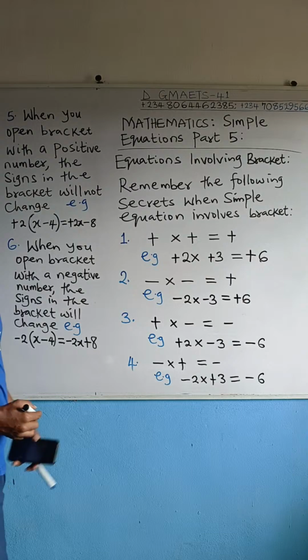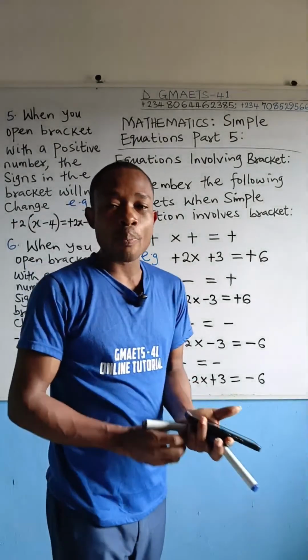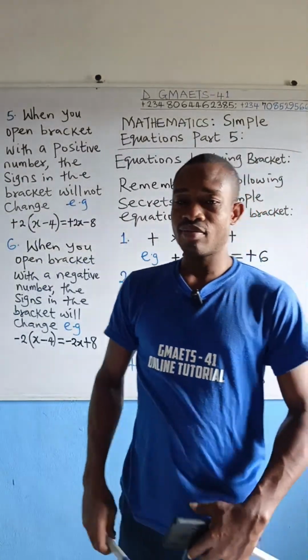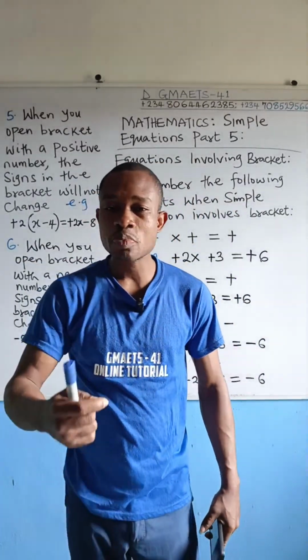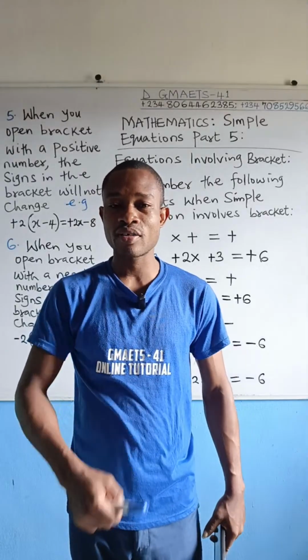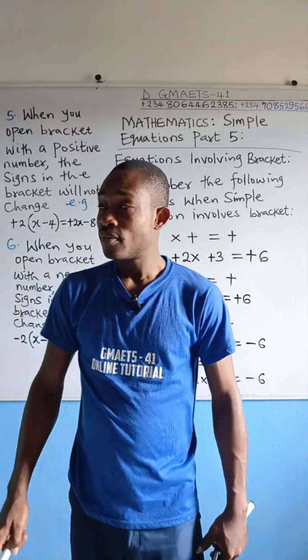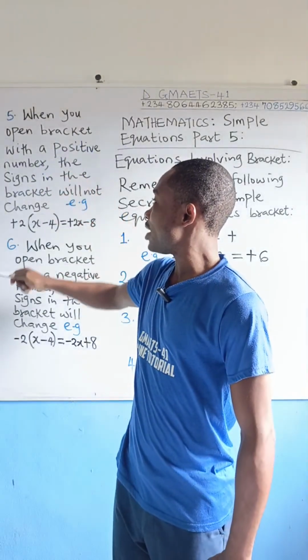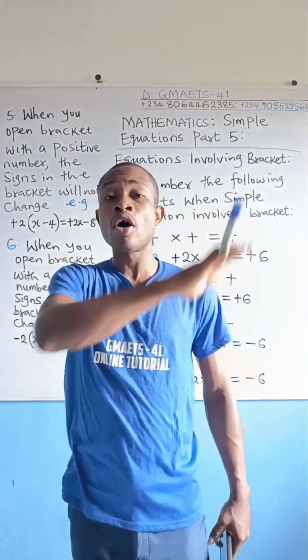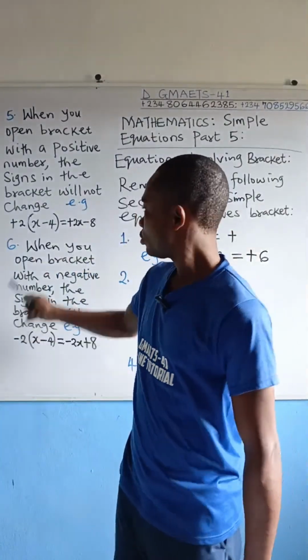So do you see? When you are opening up brackets, we call it expansion in mathematics. How to remove brackets. When you open a bracket with a positive number, the signs in the bracket will not change.